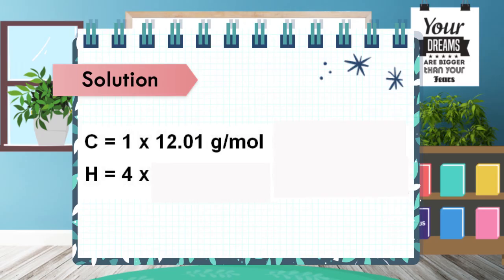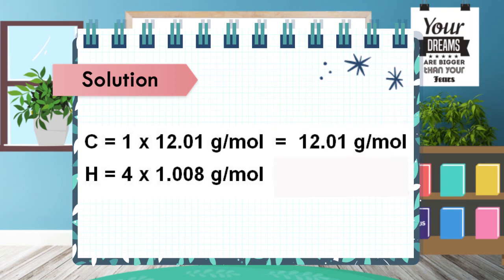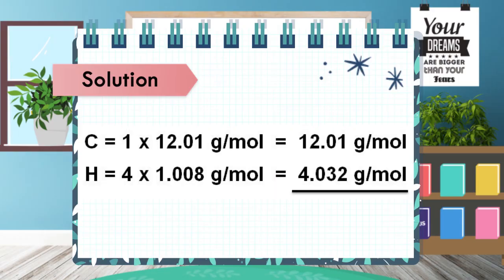The atomic mass of carbon is 12.01 grams per mole, and the atomic mass of hydrogen is 1.008 grams per mole. Now, let's multiply the number of moles times the atomic mass. In carbon, 1 times 12.01 grams per mole is equal to 12.01 grams per mole. And for hydrogen, 4 times 1.008 grams per mole is equal to 4.032 grams per mole.